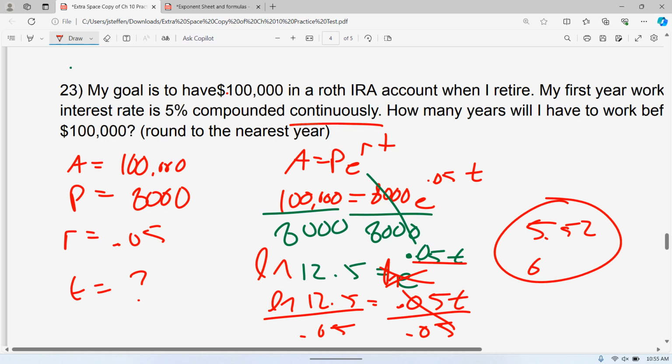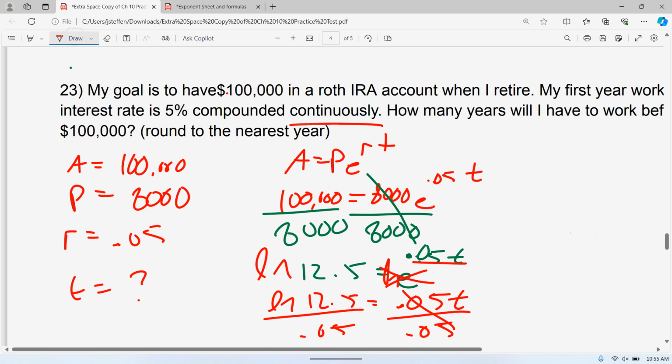I don't think I did something right. What did I type in wrong? So here's what I did wrong, and I'm only saying it because it's a minor thing. I put parentheses around the fraction, and I should have just put it around this first part.